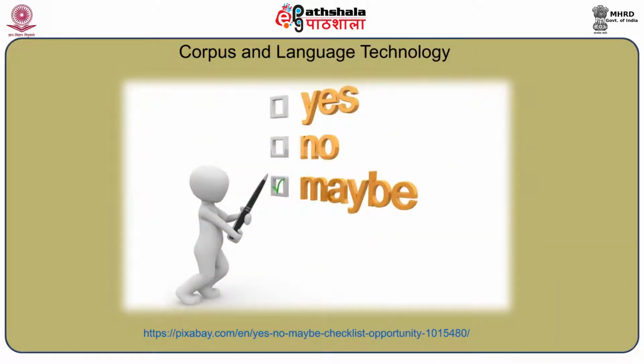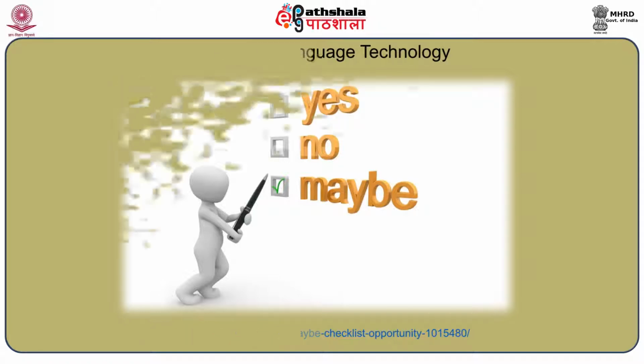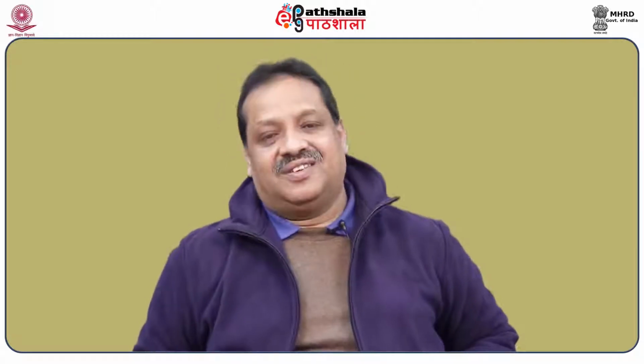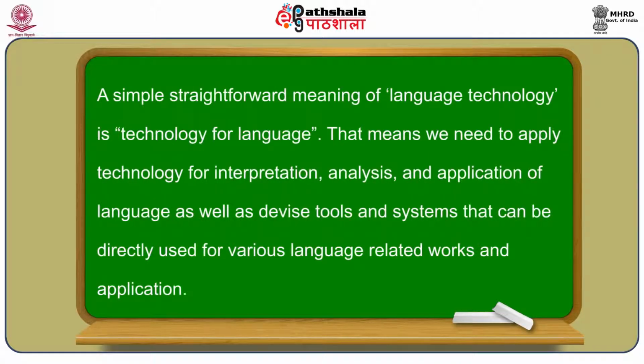Now, before we do that, there is a confusion. I need to focus on this confusion. Whenever we say it is language technology, people are quite confused here. What does this mean? Is it language for technology or technology for language? Are we trying to remodel our language so that it can be utilized for development of technology?